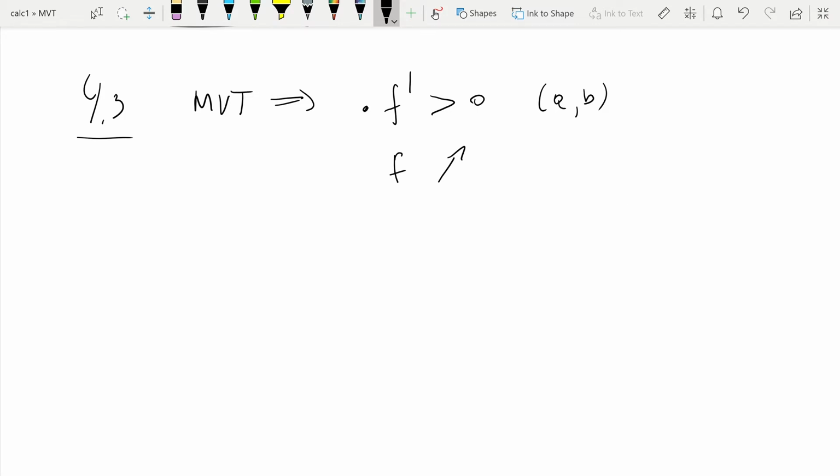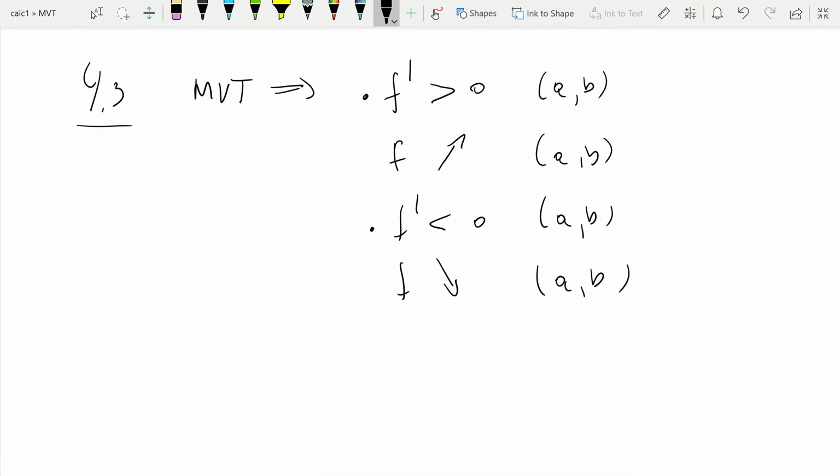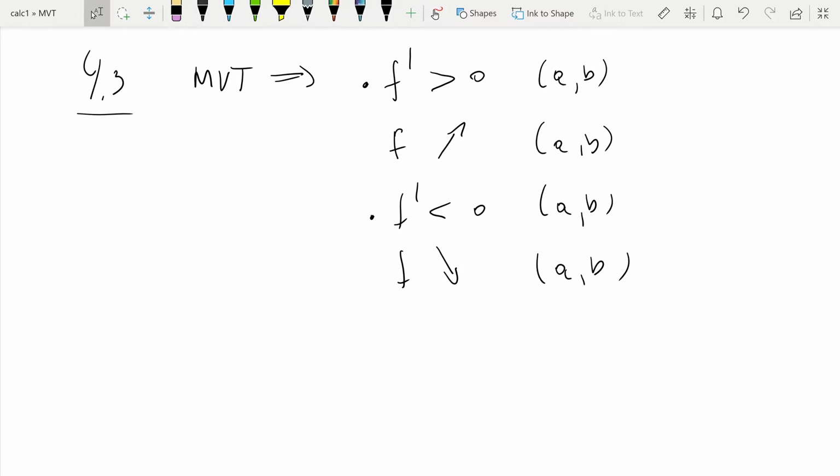And if f prime is less than 0, on the other hand, then f is decreasing in (a, b). So 4.3 is all information about the first derivative and what you can say about the function based on the knowledge of the sign of f prime.